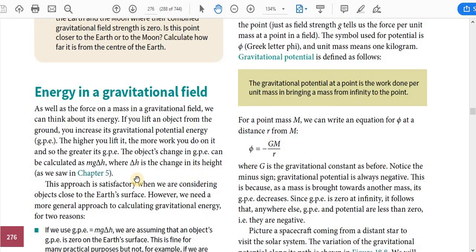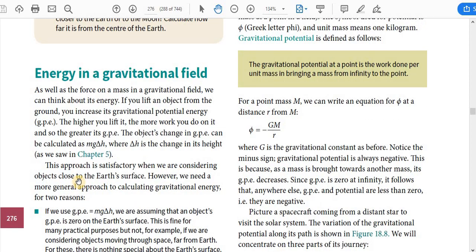This equation can be applied to objects close to the surface of the earth, because when it's close to the surface of the earth, the g doesn't change significantly. g is constant. So this approach is satisfactory when we are considering objects close to the surface of the earth.